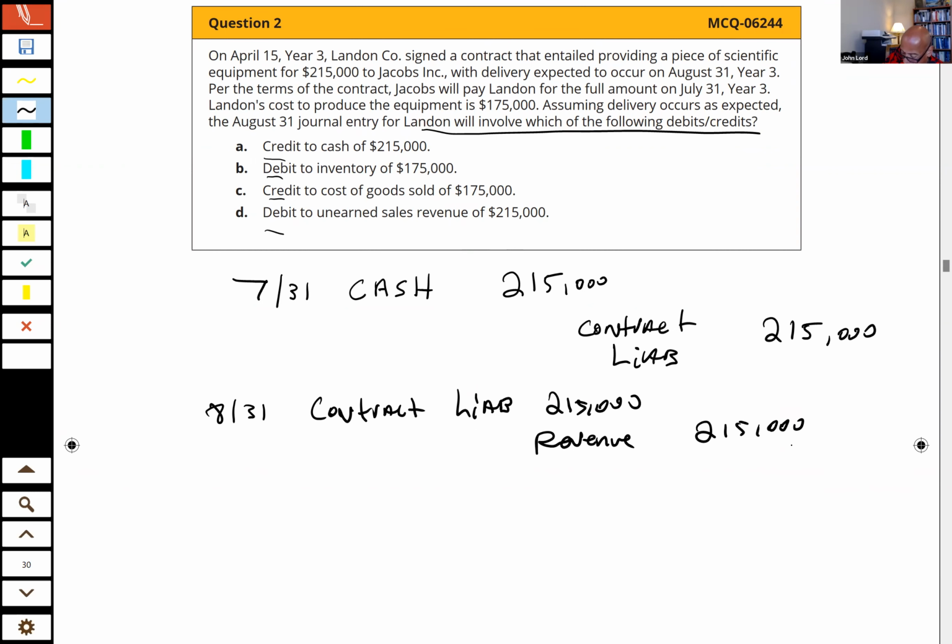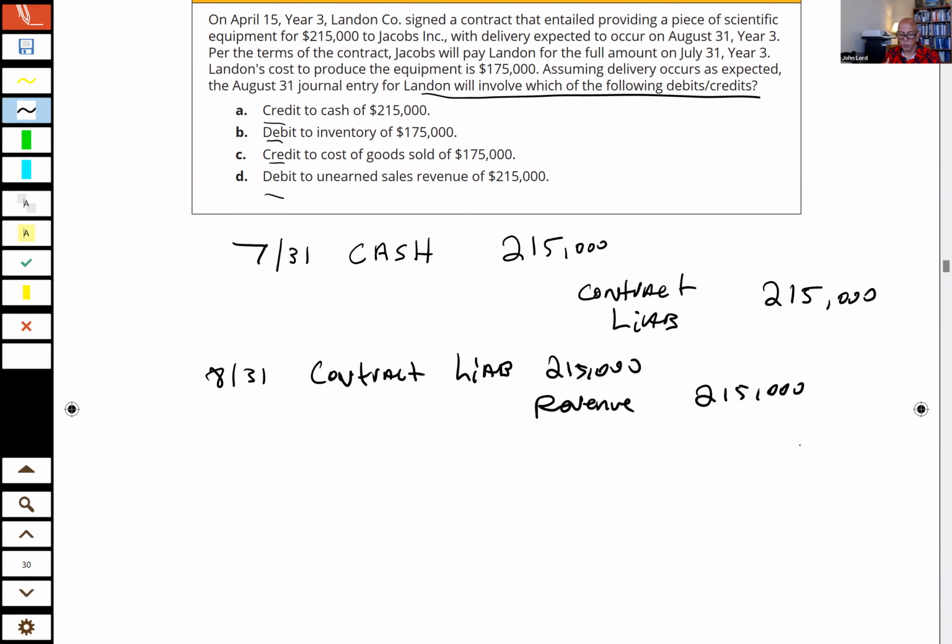But they're also going to, at this point, deliver the item, aren't they? So they will have to debit cost of goods sold for the cost of the item and credit the inventory, because they would have booked that to finished goods inventory as they produced it. So now they credit inventory, debit cost of goods sold.